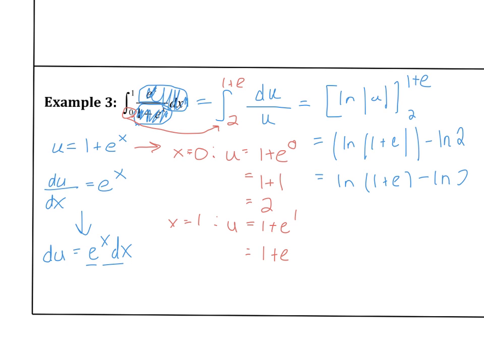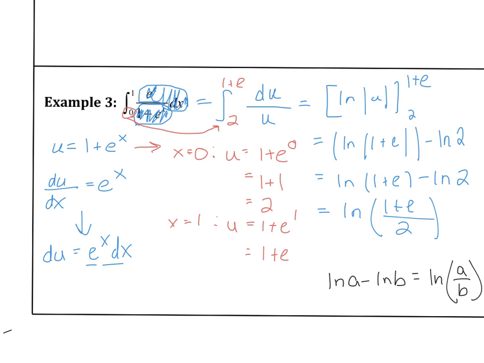So we can leave it like this, and then if we wanted to make this a little bit more visually appealing, we could use one of our log properties. I'm going to write it here on bottom that says that the natural log of a minus the natural log of b is the same as the natural log of a over b. So let's do that. We'll say that it's the natural log of 1 plus e over 2, and I'm happy with that.